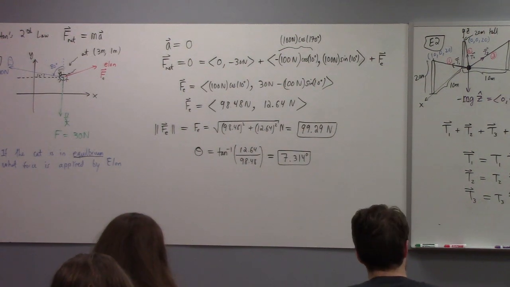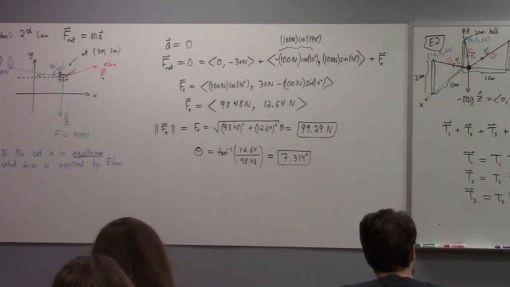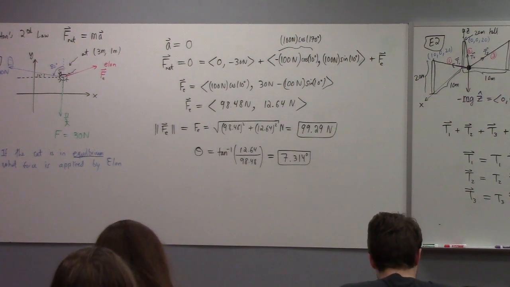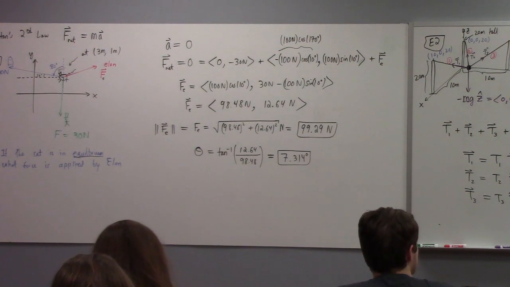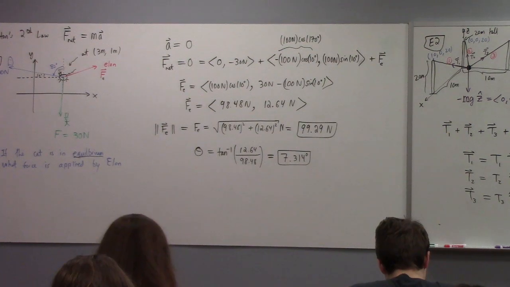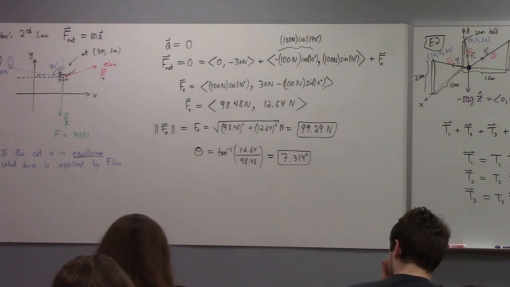So example 3. Weight is mg, right? So weight is the mass times gravity. Weight is a planet-dependent thing. The weight of something on Earth is different than the weight of something on the moon.